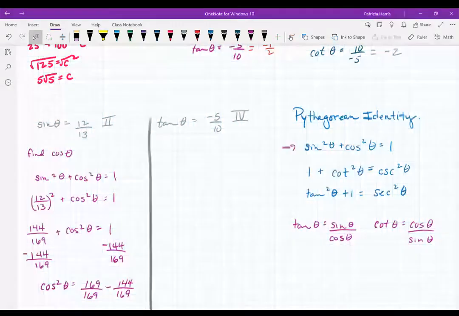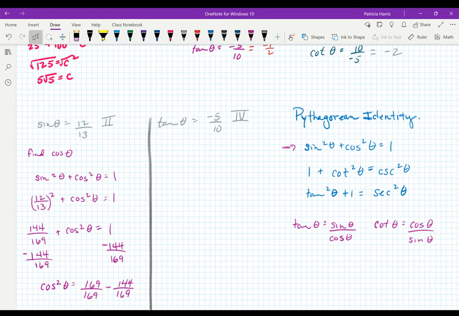Since I have tangent, I can use that with the secant. So let's try that. I'm going to use tangent squared theta plus 1.